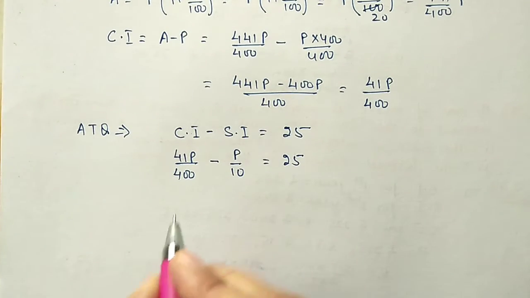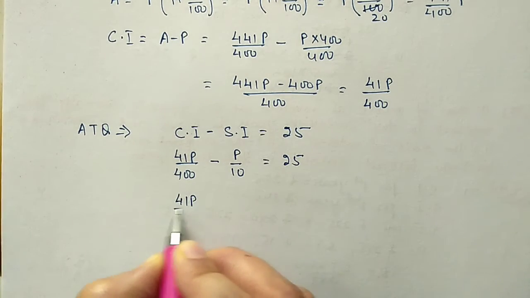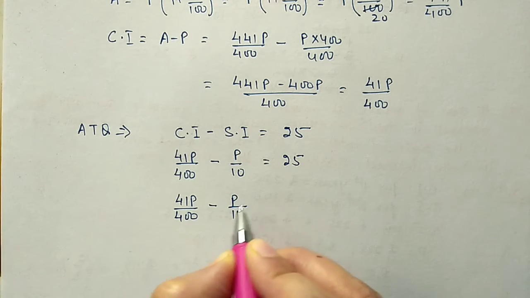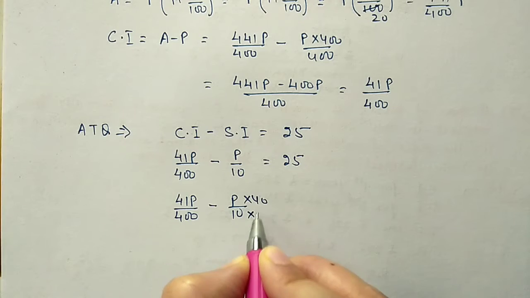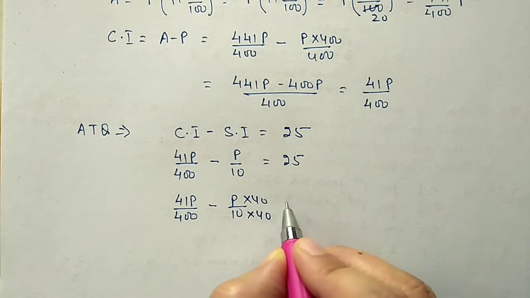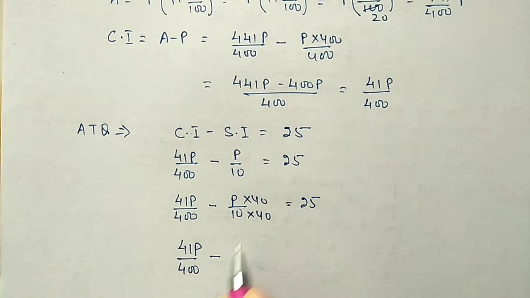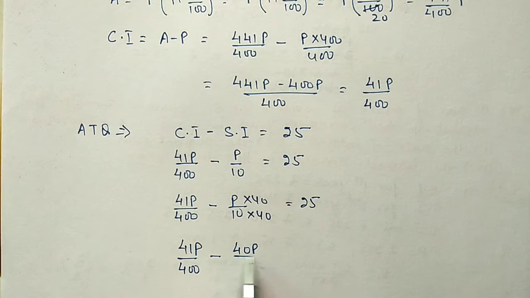Now first we will make the denominator the same, or you can take LCM. Here I am multiplying with 40, so this denominator also will become 400.